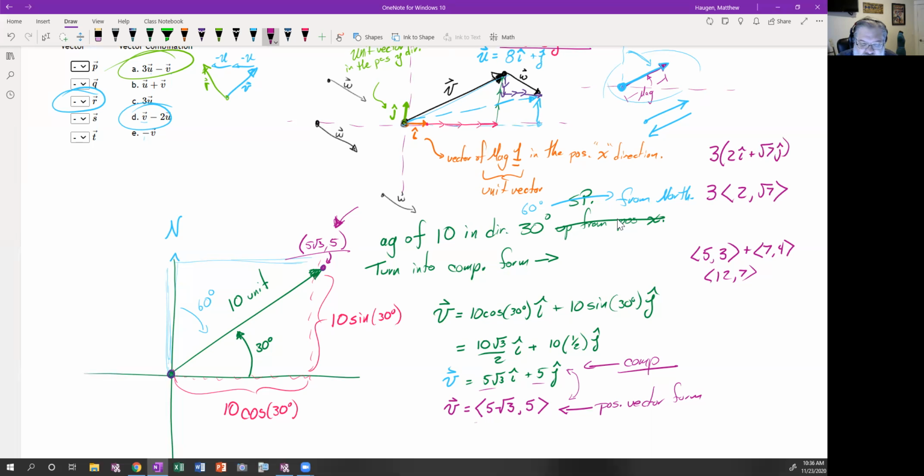Well, this looks a lot like 3 times (2a plus 7b), where you would just distribute, right? Well, you can distribute here just like you would up there.